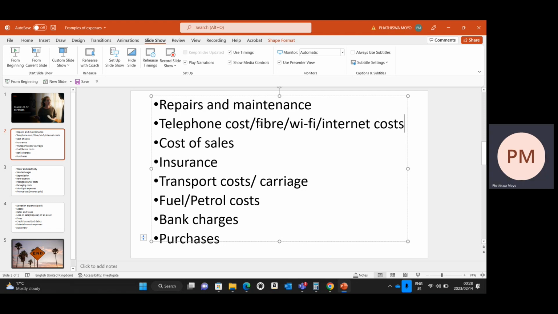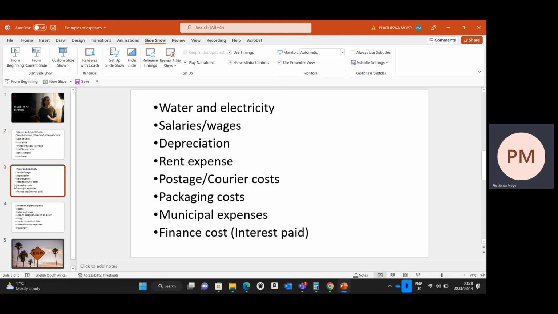Cost of sales, the cost you incur to make the sale. Insurance can be insurance on the building, and so on. Insurance is versatile and broad. Then transfer costs or carriage costs, fuel or petrol costs, bank charges, purchases, water and electricity, salaries and wages for everyone hired by the organization, depreciation, rent expense.